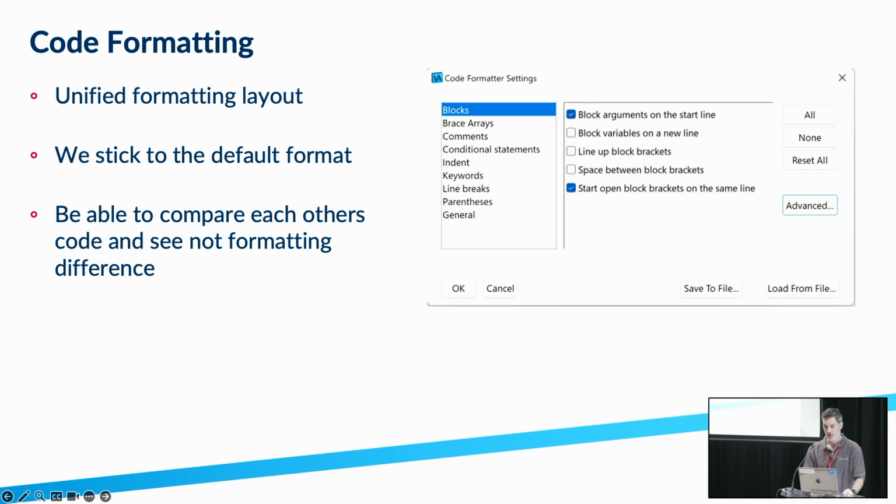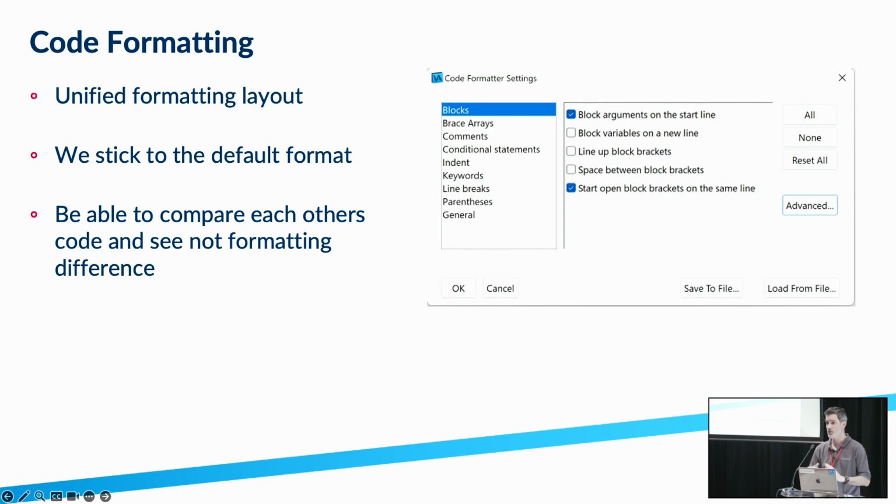Then we also try to unify our formatting. There's no best way to format Smalltalk code. I'm pretty sure that if we all discuss, we will all prefer different things. So what we did is stick to the default for Instantiations code.